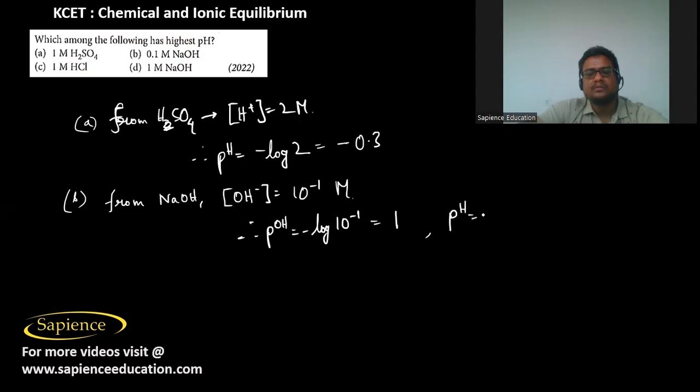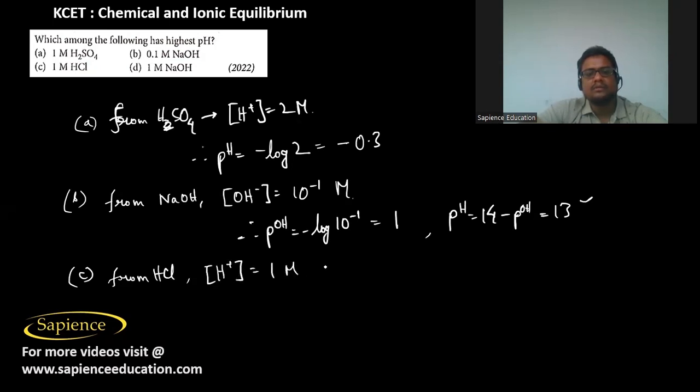So the pH value will be 14 minus pOH, that is equal to 13. And in option C, that is from HCl, the H plus ion concentration is equal to 1 molar. Therefore, the pH value is equal to minus log of H plus, which is minus log 1, that is equal to 0.